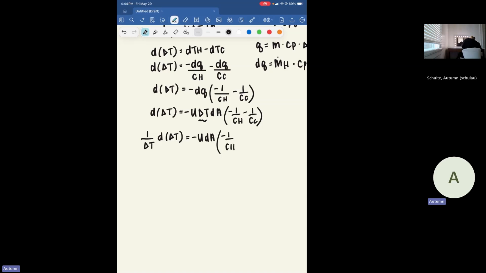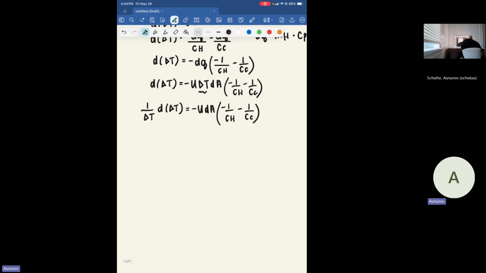Then we're going to have negative 1 over the mass flow rate heat capacity of our hot stream minus 1 over the mass flow rate heat capacity of our cold stream. So now what we can do is integrate. I'm going to move this term over here and move this over. All right, so now what we can do is integrate on both sides.